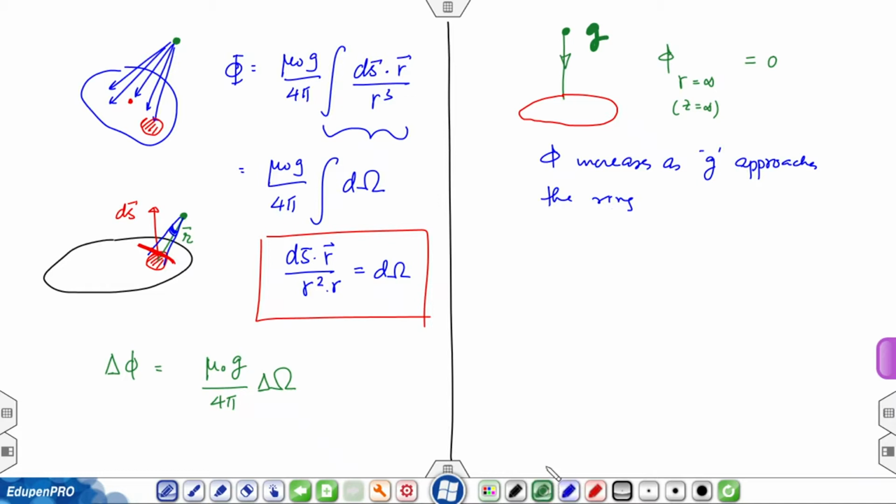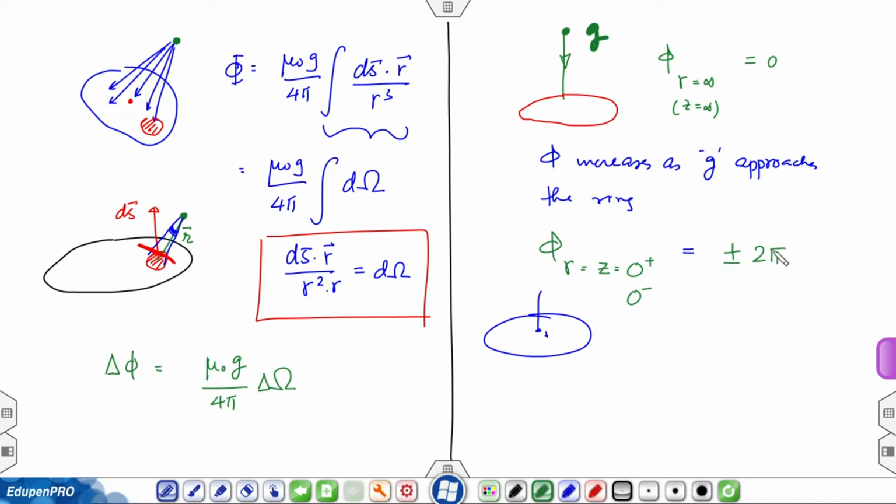Then I am going to show that phi, when z equals 0 plus, that means the charge is slightly above the ring, is going to be equal to, or let me also write 0 minus, plus or minus 2 pi.